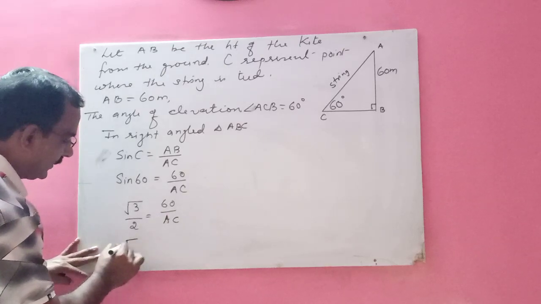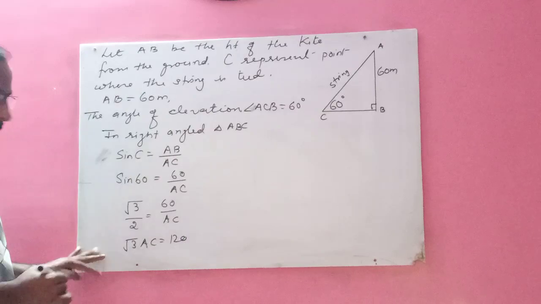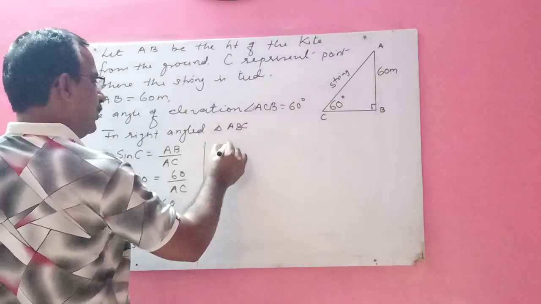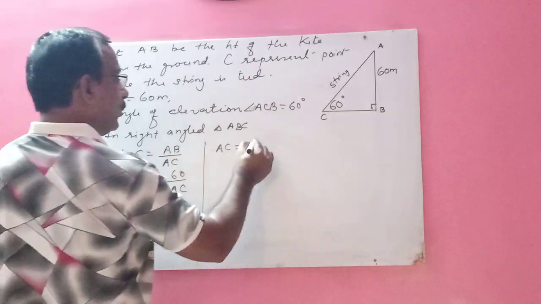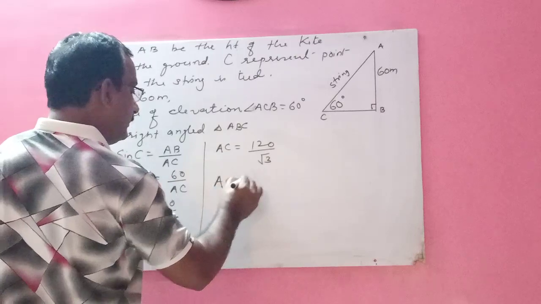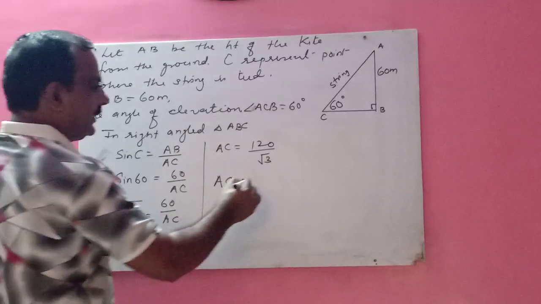Cross multiply. Root 3 into AC is equal to 120. Transfer root 3 here. So AC is equal to 120 divided by root 3. Rationalize this, rationalization of denominator.